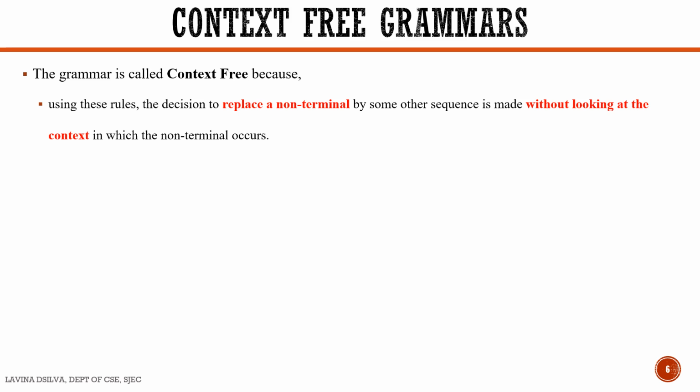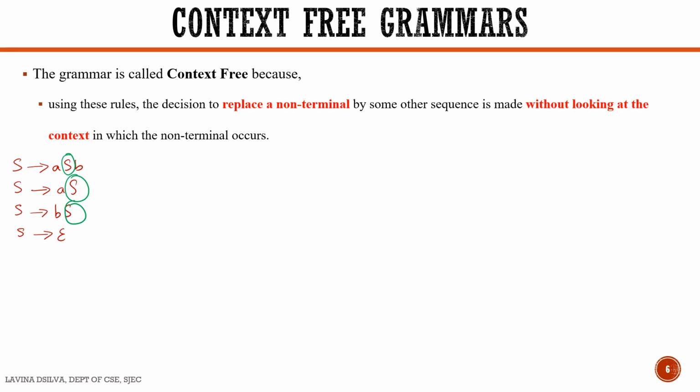Consider that we have a set of rules like S tends to ASB, S tends to AS, S tends to BS, S tends to epsilon. Now we can see that in the RHS of the rule we have a non-terminal, that is S, and S will have to be replaced by its corresponding production body in order to derive any string.